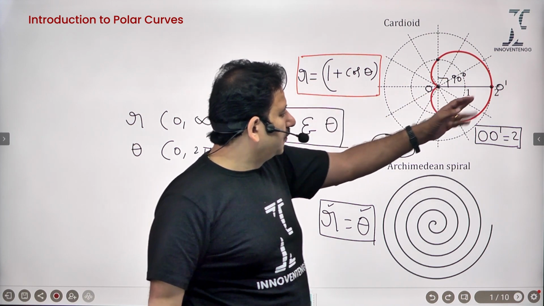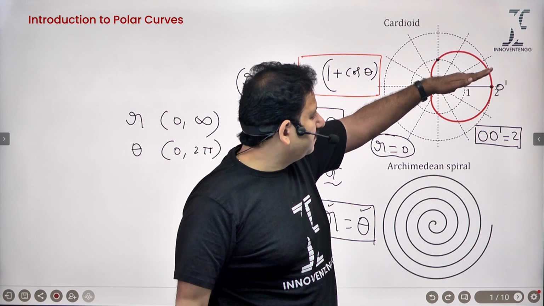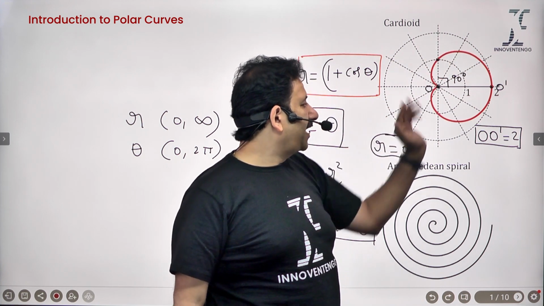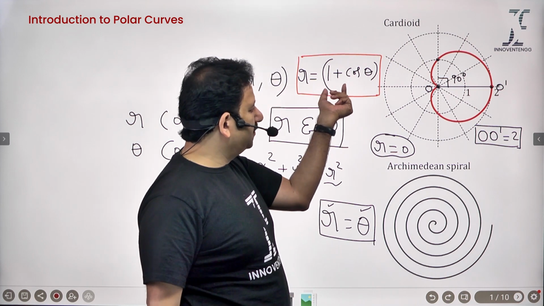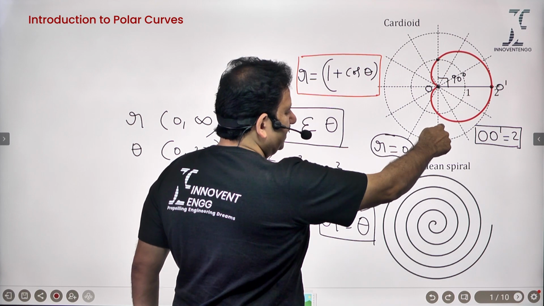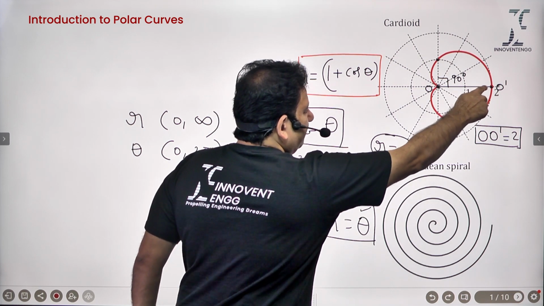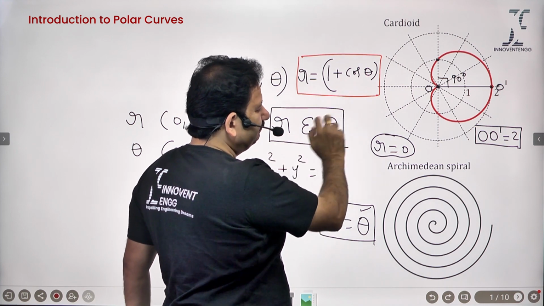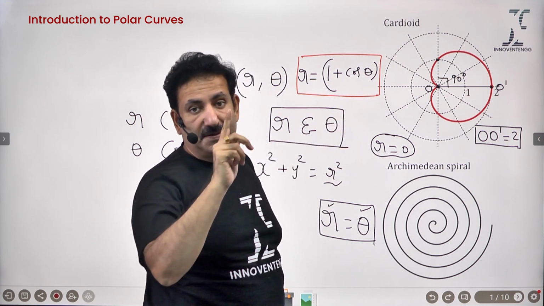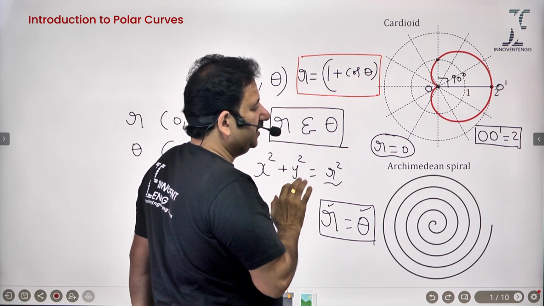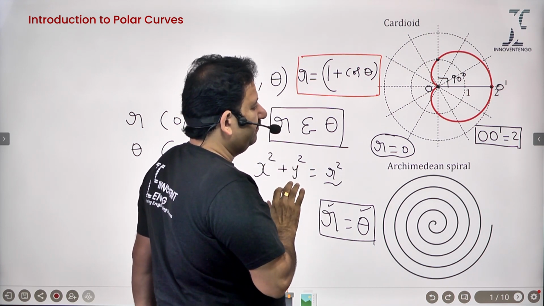You come back to O because your radius vector starts from here and goes on decreasing as it is rotating. At 180 degrees, the value of r becomes completely 0, and then it starts increasing in the negative sense, and then it becomes positive. Finally, it becomes O dash, because cos 360 is also 1, mind you, so it comes back to 2. So that is what is to be remembered very carefully.